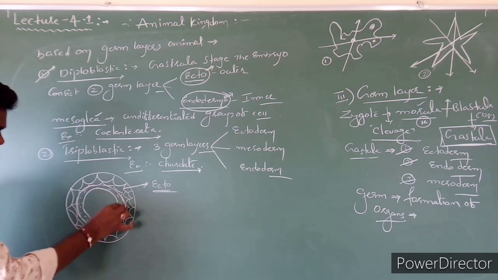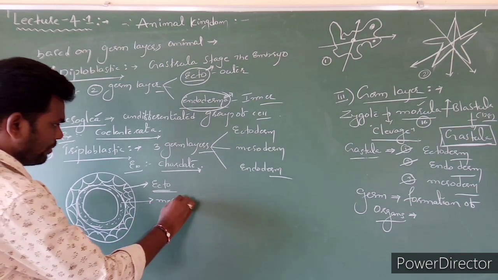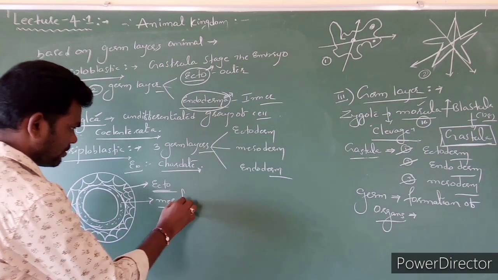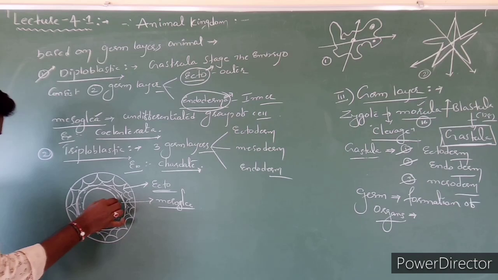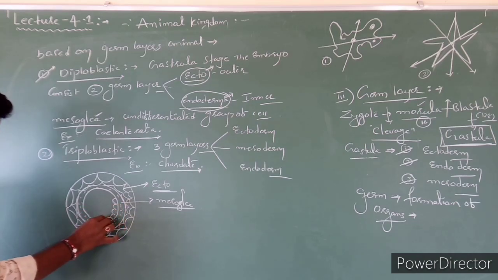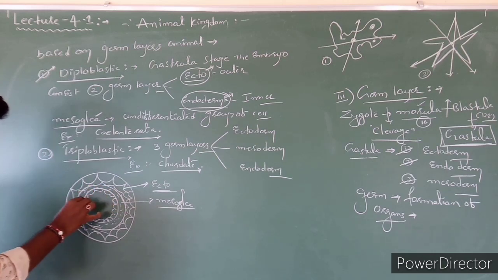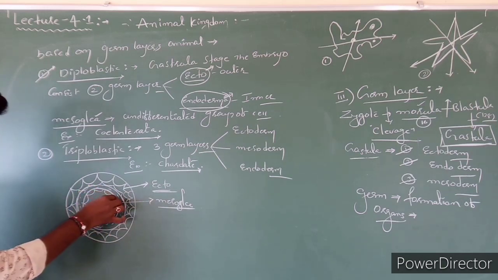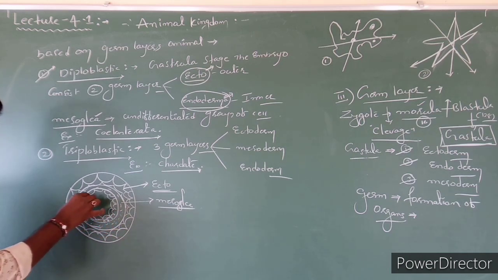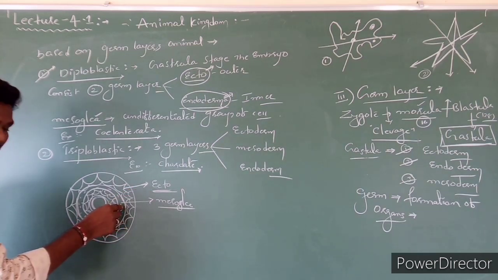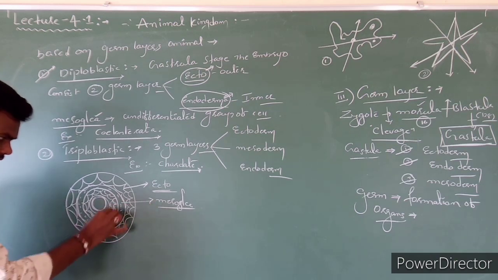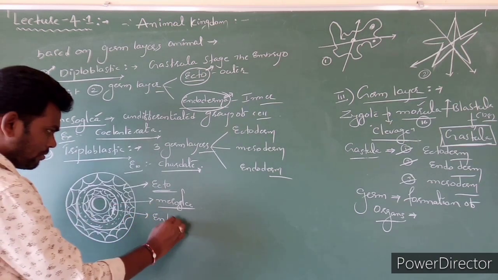Such are called as what? Mesoglea. So this one is ectoderm, this is the undifferentiated mesoglea, and these cells are endoderm.